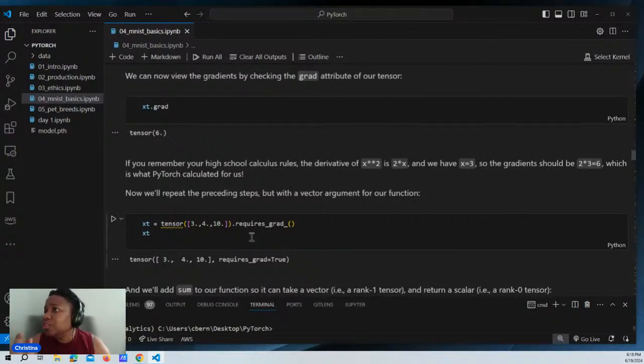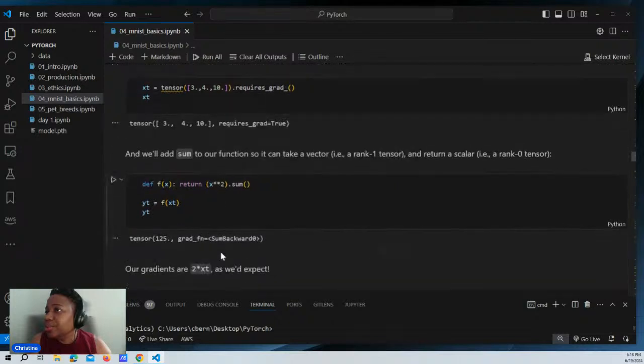And so if you have a tensor of 3, 4, and 10, and it requires gradient, what will that do? It summed it, which is 2xt. Oh, so 2 times everything there.